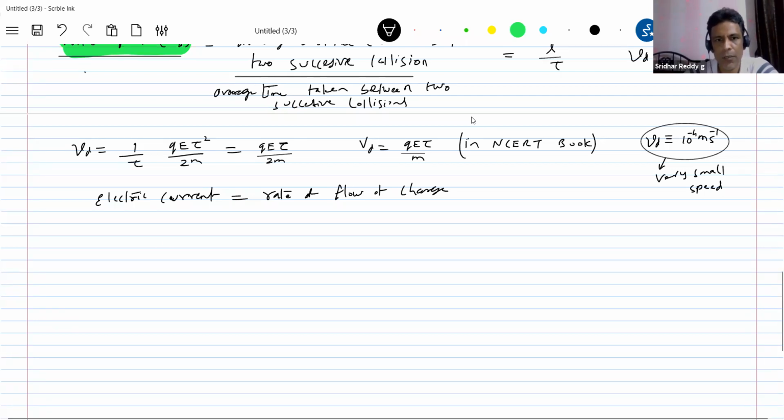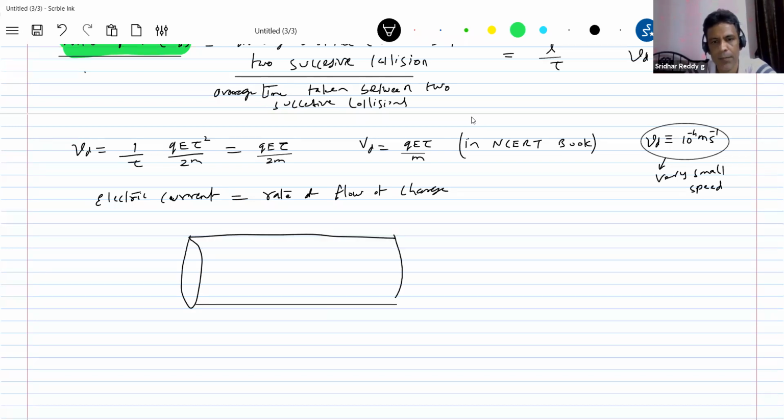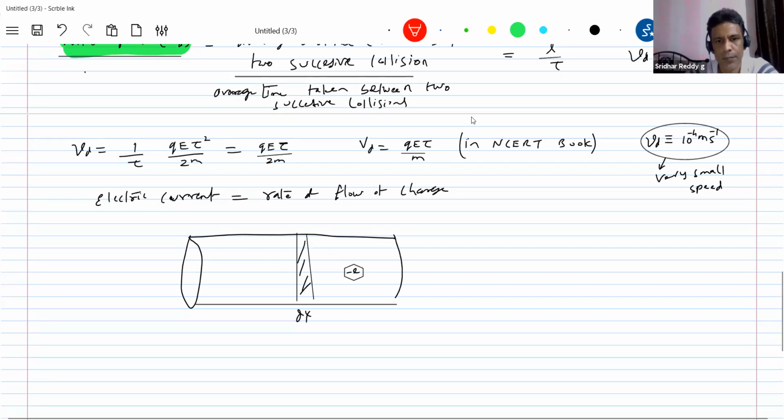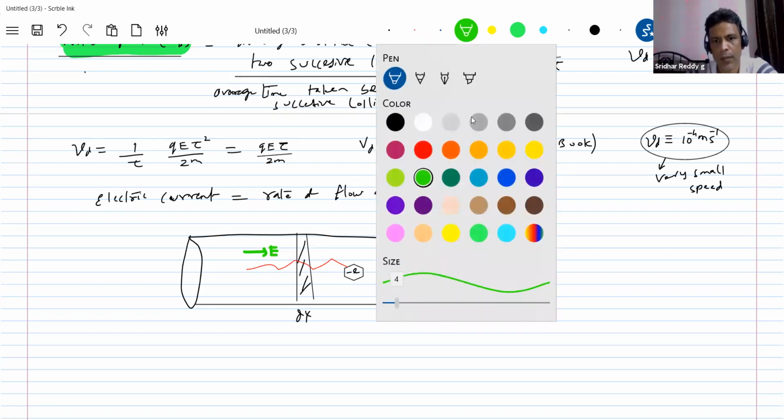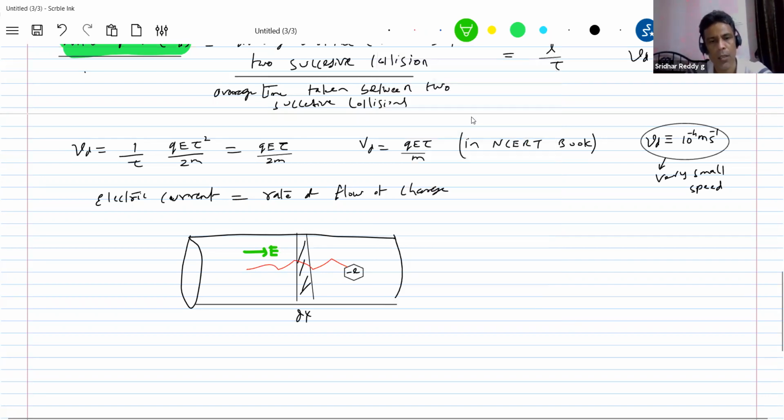So let me take the help of the same diagram again, a rough diagram. Let me assume a strip of width dx. Here is the electron, and this is the direction of the electric field. Now can we calculate how many charges have flowed through this particular surface?